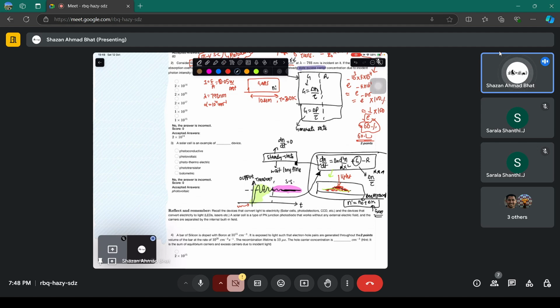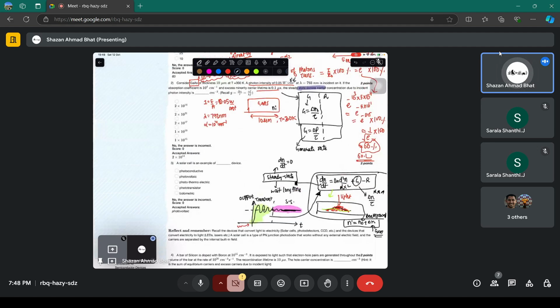But what is asked in this question? The steady state excess carrier concentration due to incident photon intensity. You need to find the excess carrier concentration. Now, you know that there will be electron hole pairs generated, which will be equivalent to the change in concentration divided by the minority carrier lifetime of that particular carrier.